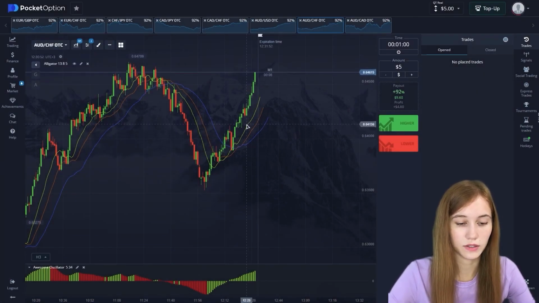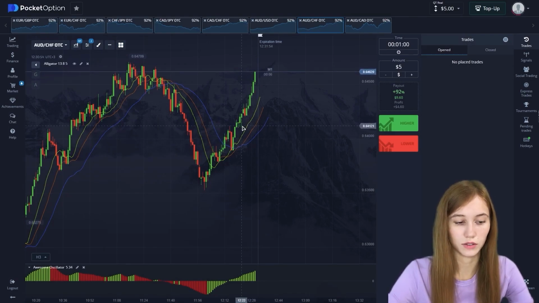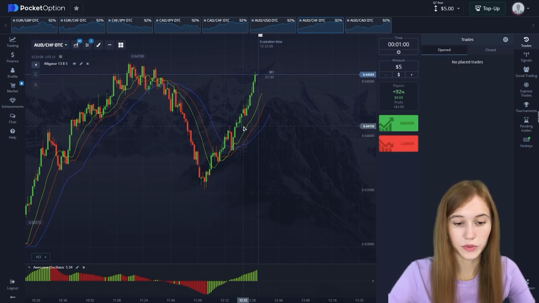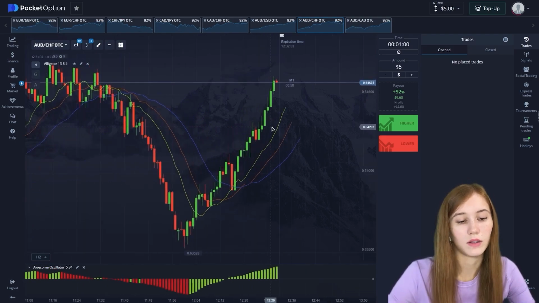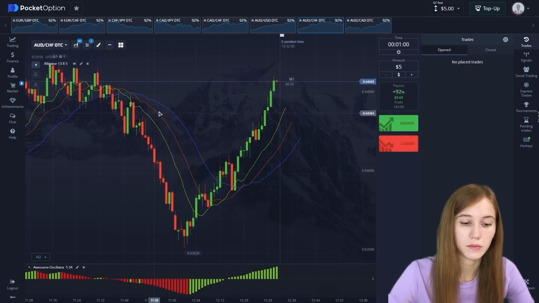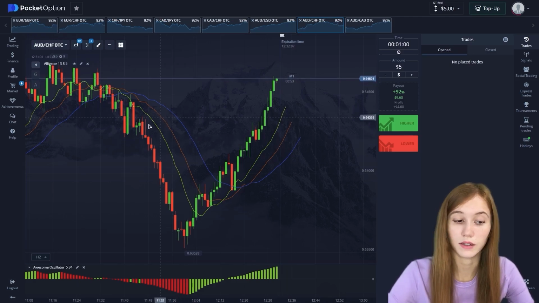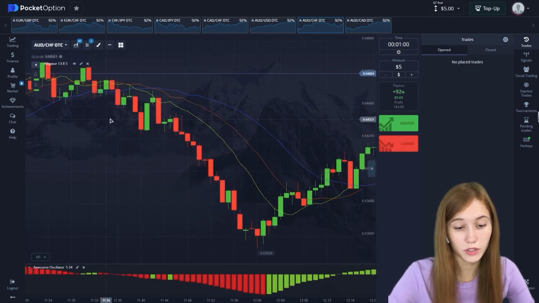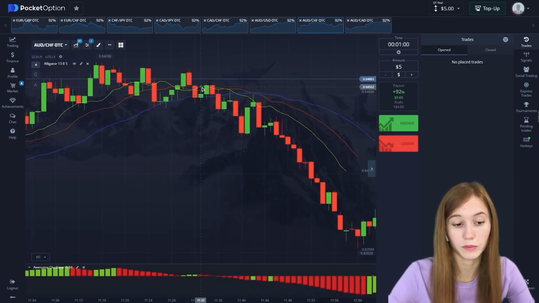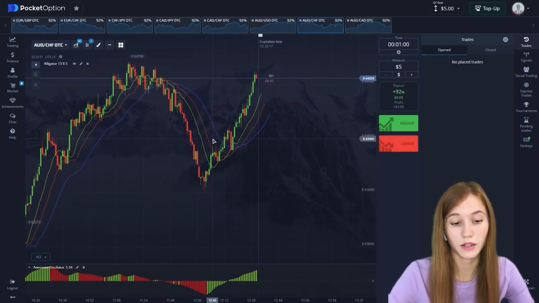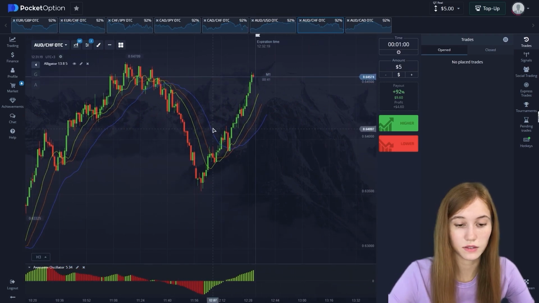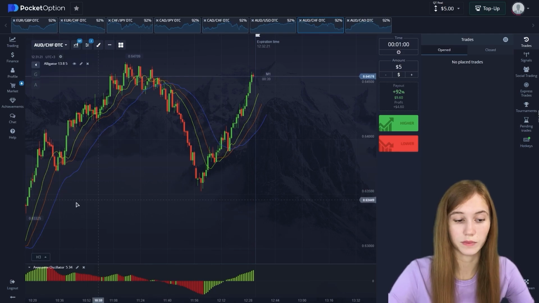The Alligator reflects the state of the market at each moment in time. It shows when the market is flat, when it is in momentum, and when the impulse begins and ends. The green moving average dominates in an upward trend, blue in a descending one. Red is the average between the two moving averages, and when one of the lines crosses, this is a signal for a trend change.